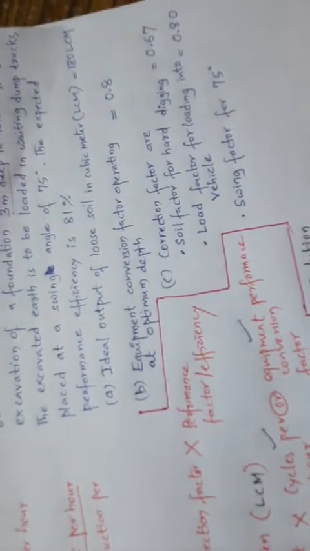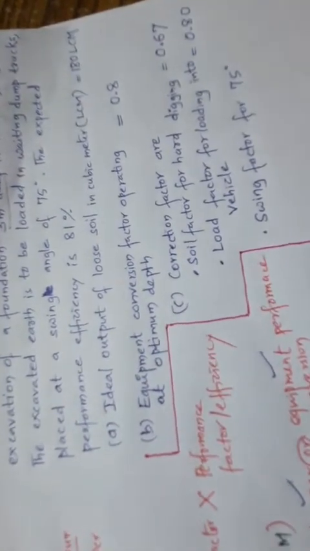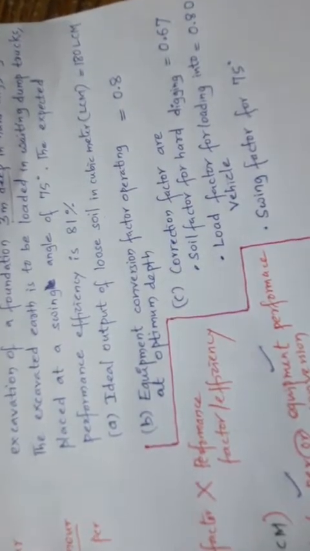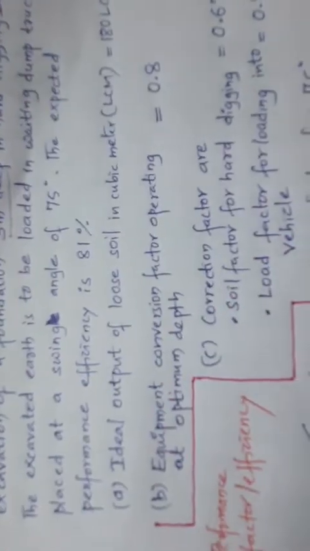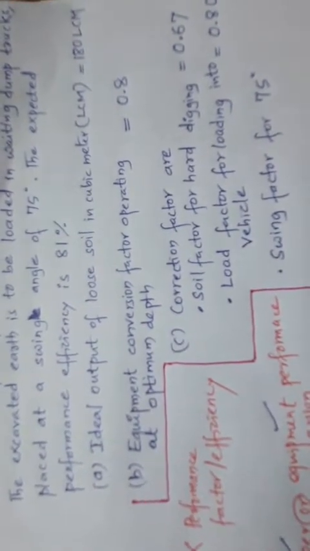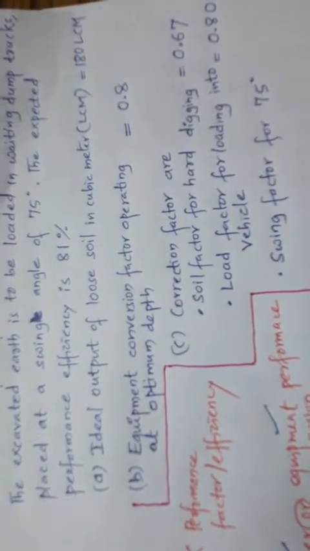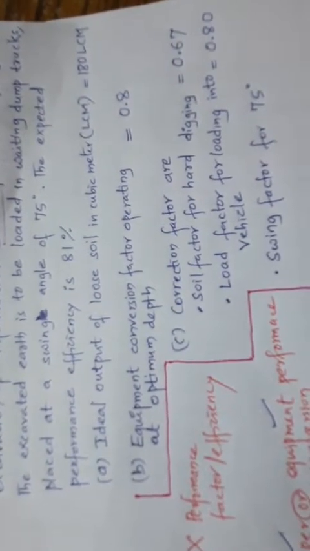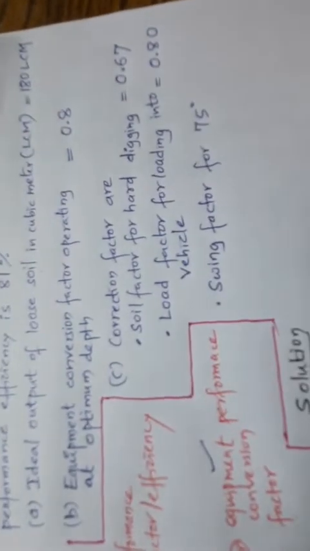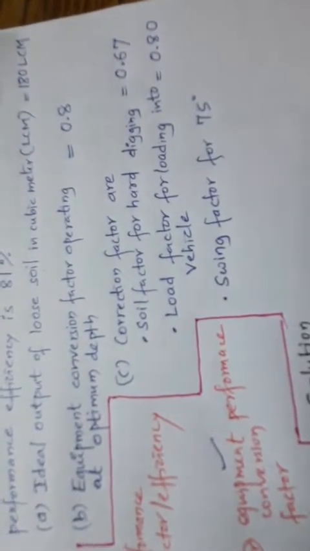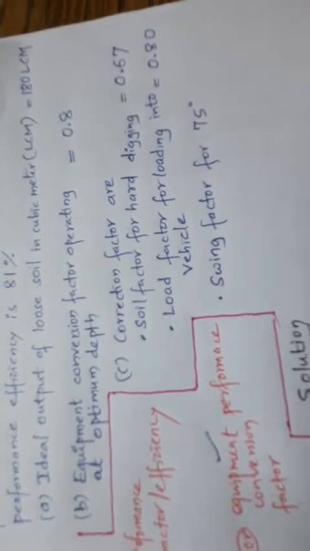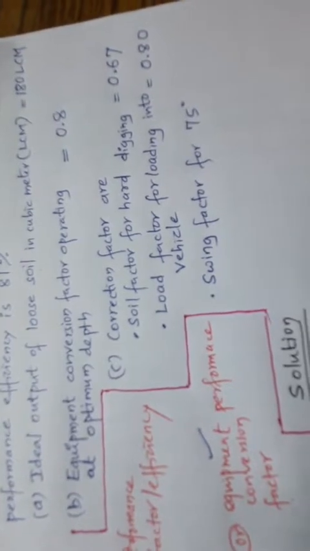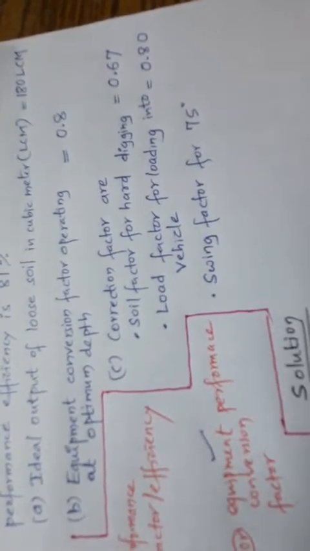So what they have given you for now is the ideal output of soil in cubic meter, that is 180 LCM, that is loose soil in cubic meter. Then what else they have given you? Equipment conversion factor operating at an optimum depth of 0.8. Then they gave you the correction factors: soil factor for hard digging 0.67, load factor for loading into a vehicle 0.80, and swing factor for 75 degree.